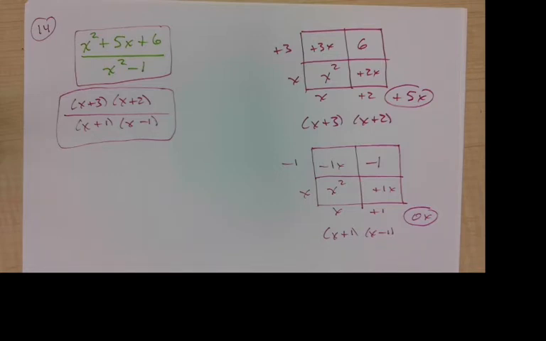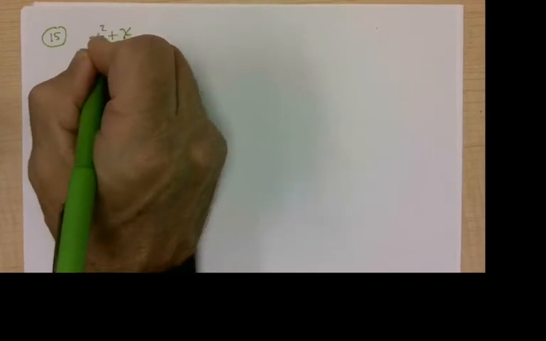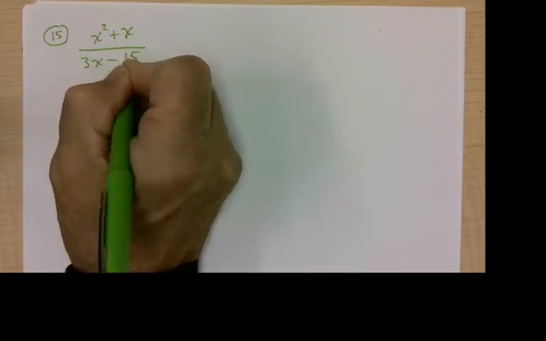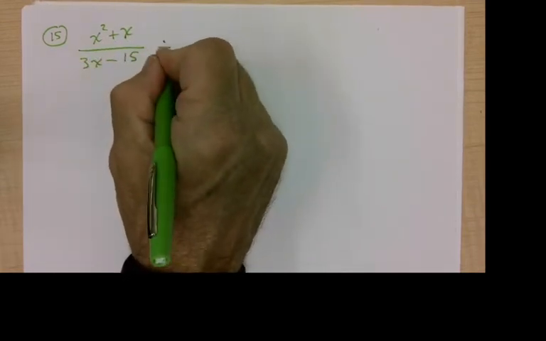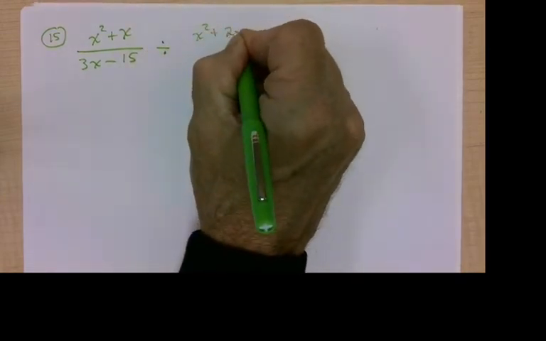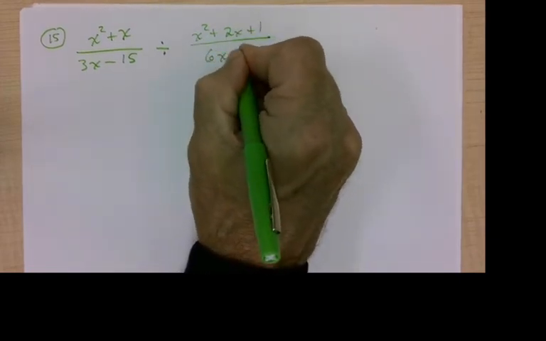Okay, next we are asked to divide some algebraic fractions, and that is question 15. We have x squared plus x over 3x minus 15, divided by x squared plus 2x plus 1 over 6x minus 30.